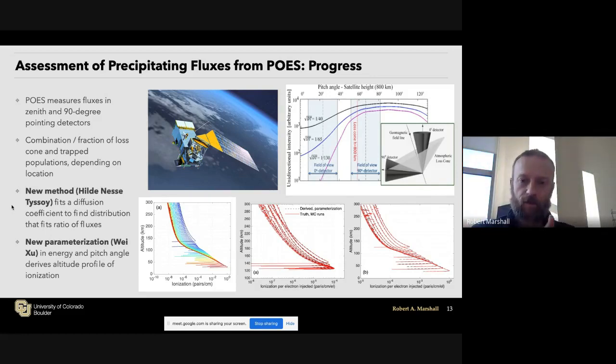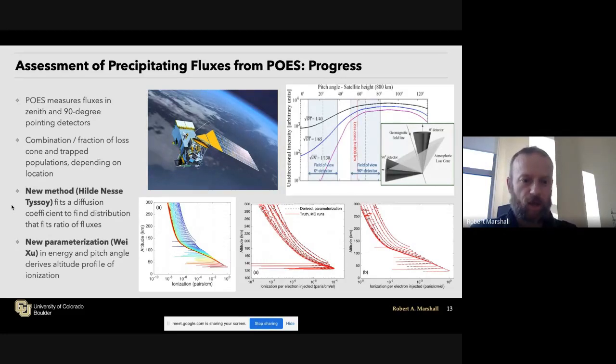So you can't get a perfect measurement. We're working with Hilde Nesse Tyssøy, who's been doing some nice work where she takes the measurements from POES in its two detectors and fits the most likely pitch angle distribution of those electrons. And then we can forward model those to get a better estimate of the ionization impact in the atmosphere.